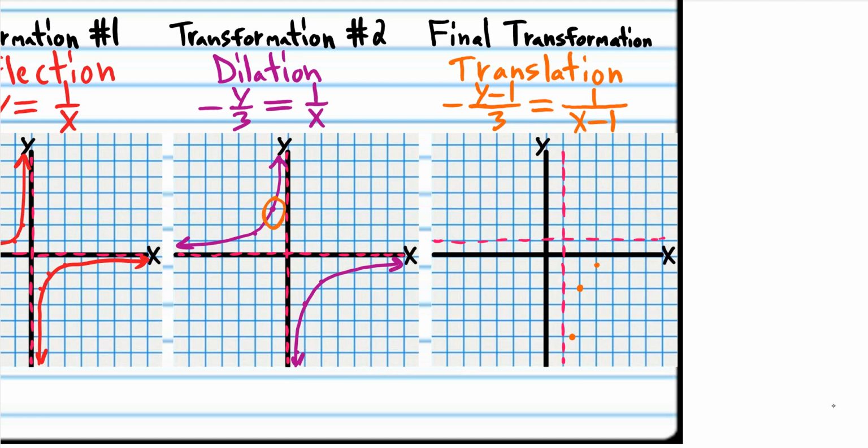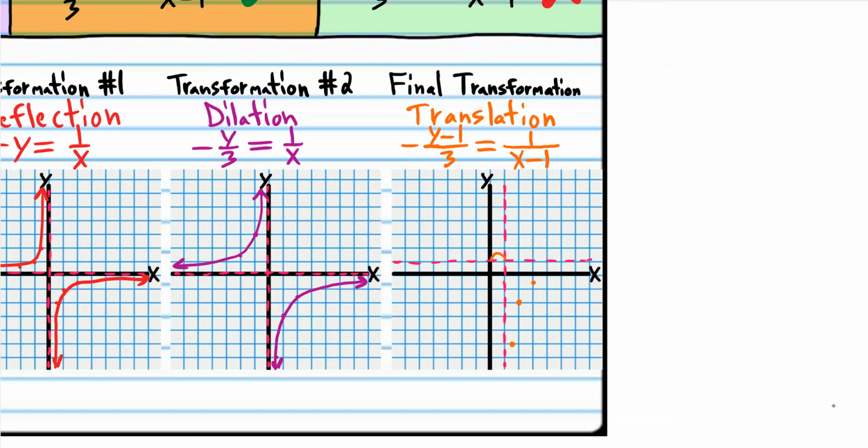And this point here is negative 1, 3. So we go to the left 1 and then up 3. And this point is negative 2, 1.5, so we go negative 2 and then up 1.5.